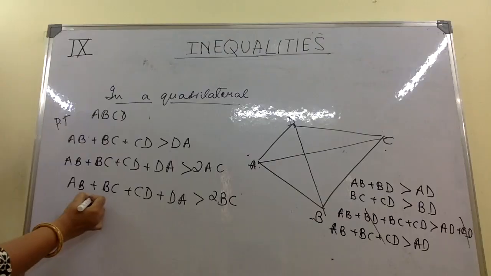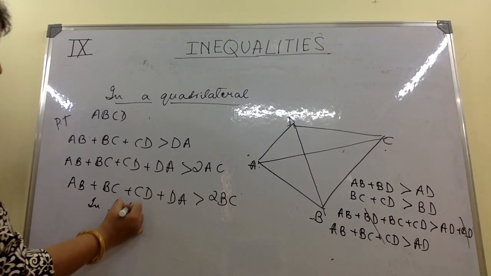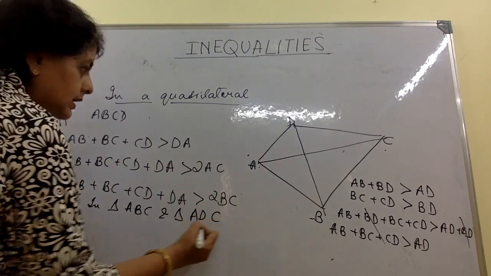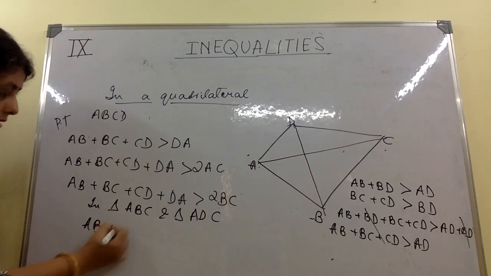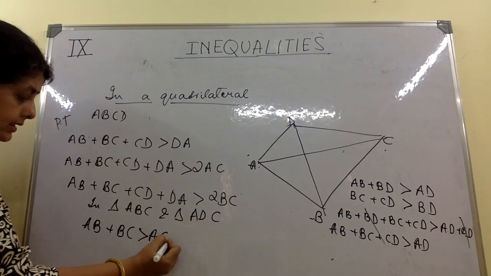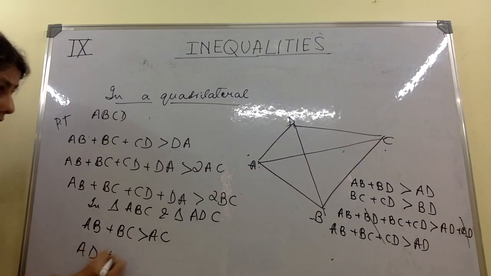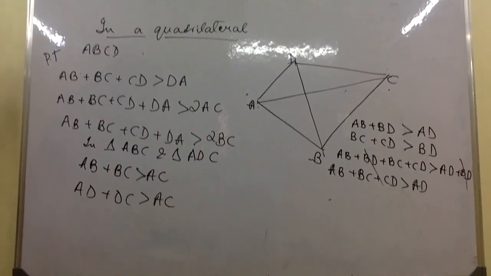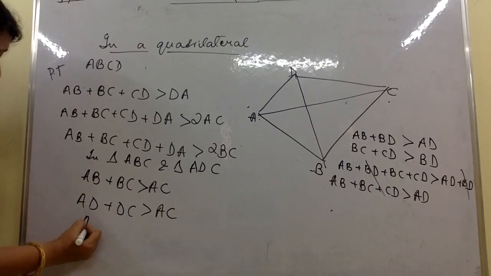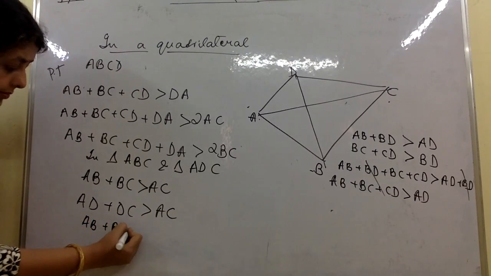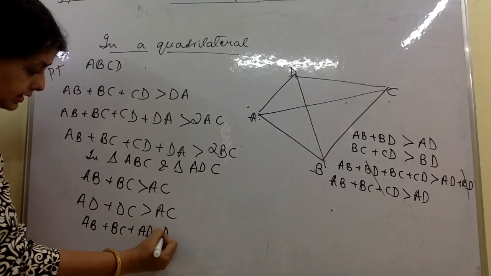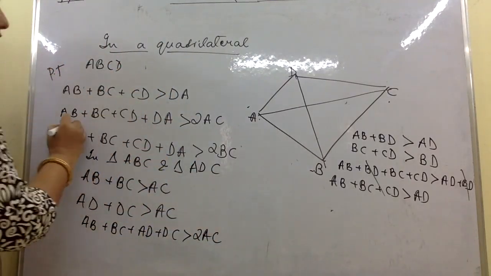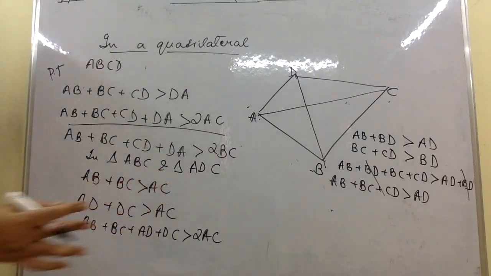In triangle ABC and triangle ADC, AB plus BC is greater than AC, and AD plus DC is greater than AC. Add them: AB plus BC plus AD plus DC is greater than twice AC. Look at it, nothing cancels here.